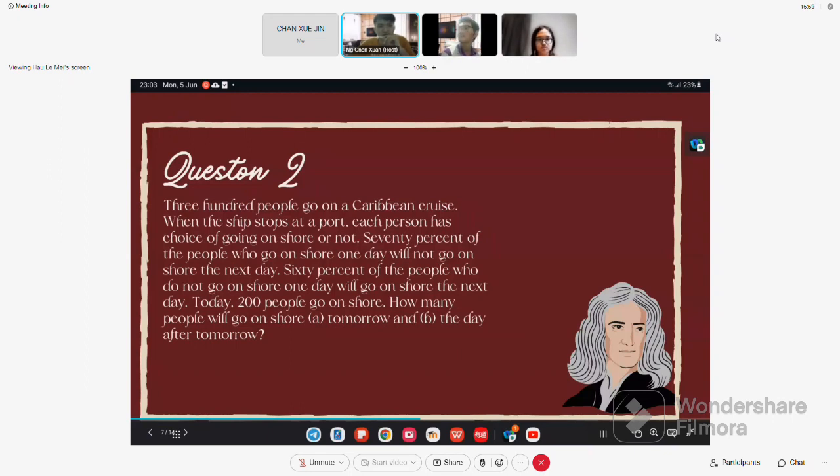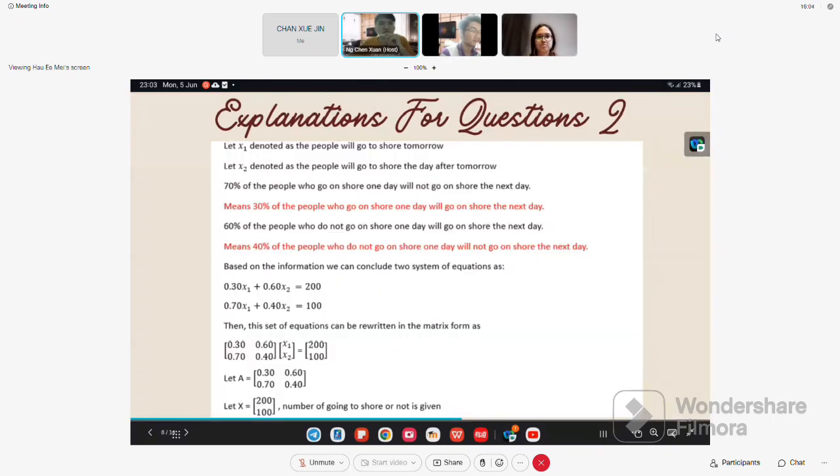Next slide. From the information given by the question, we can denote X1 as the people who will go on the shore tomorrow, and X2 as the people who will go on the shore the day after tomorrow.